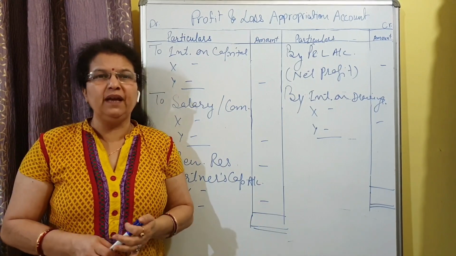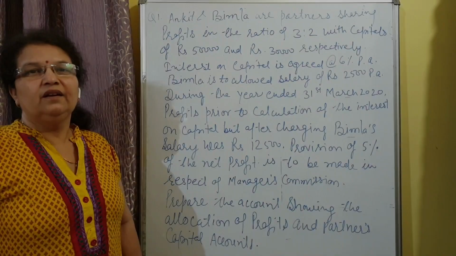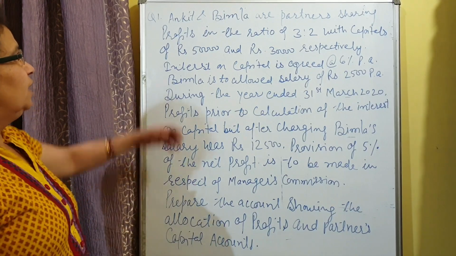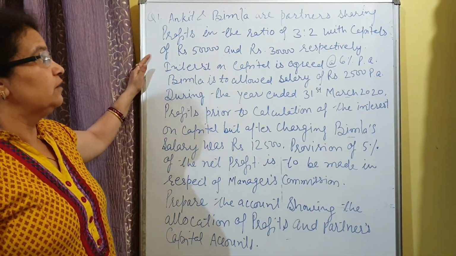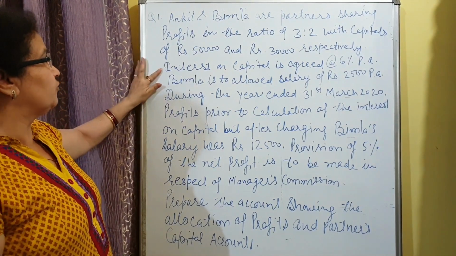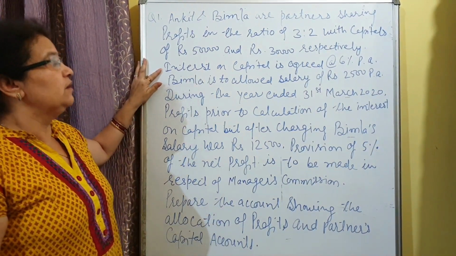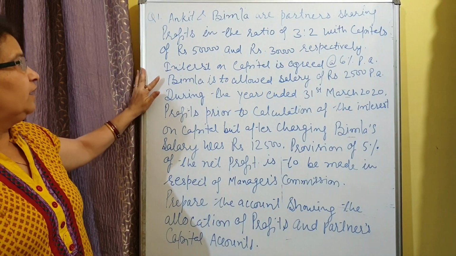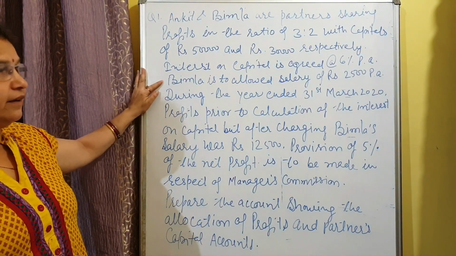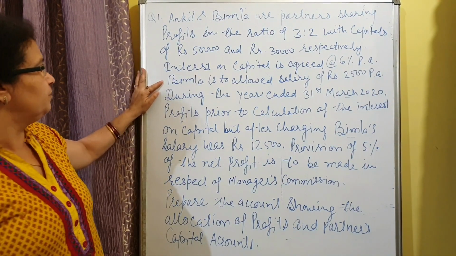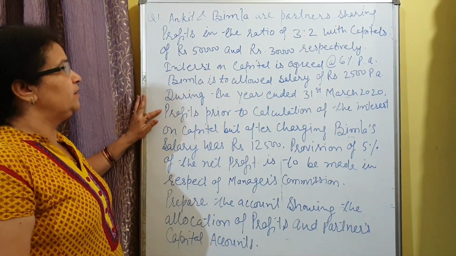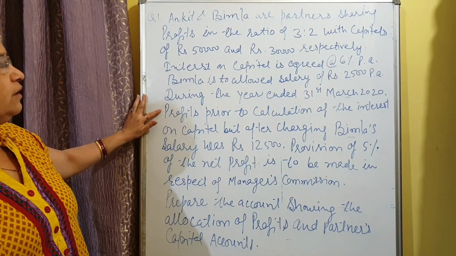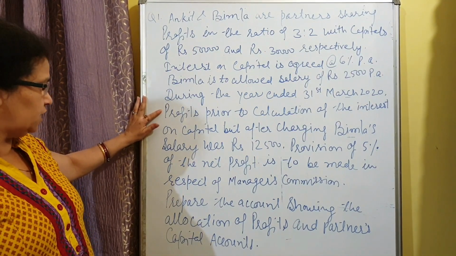Let's do it with an example. Ankit and Bimla are partners sharing profits in the ratio of 3:2 with capitals of rupees 50,000 and rupees 30,000 respectively. Interest on capital is agreed at the rate of 6% per annum. Bimla is allowed a salary of rupees 2,500 per annum during the year ended 31st March 2020.